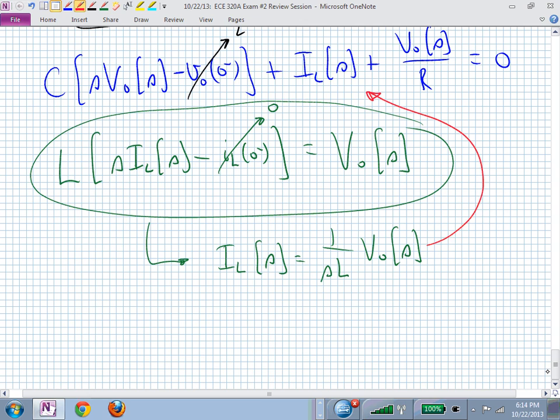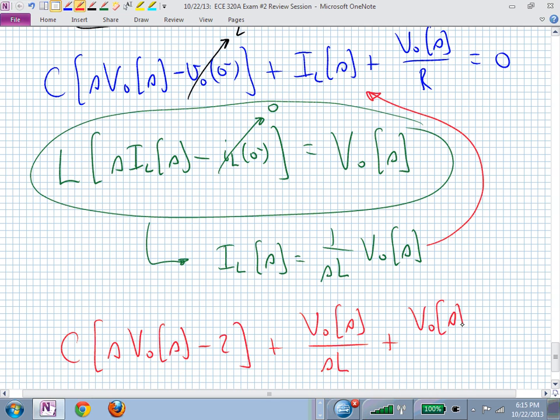Meaning, I now have C times s V naught of s minus 2, plus V naught of s over sL, plus V naught of s over R is equal to 0.